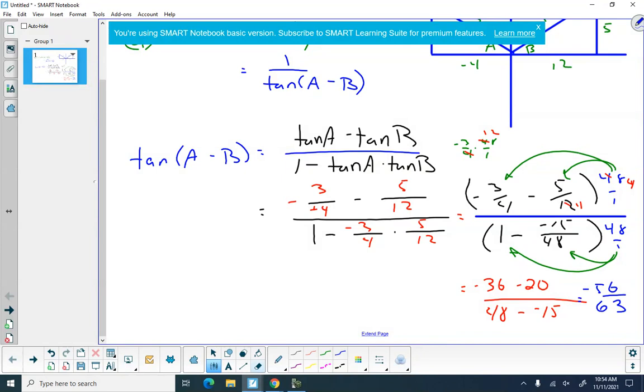We could take 7 out of top and bottom. So we have negative 8 over 9. We get our same solution.